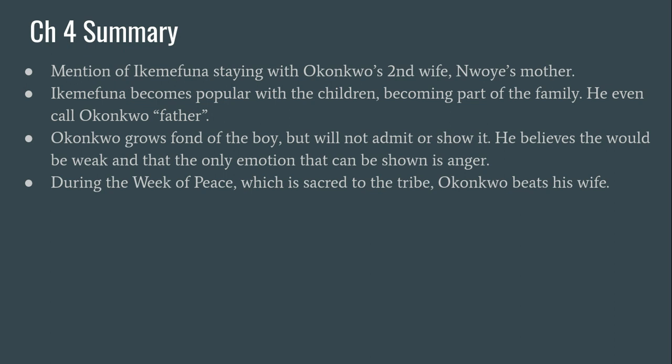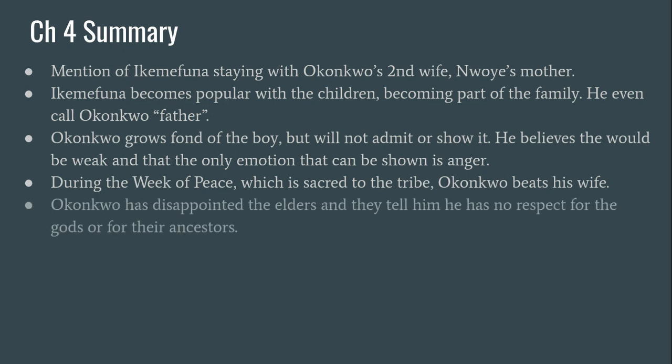Okonkwo's wife does something that angers him, and he ends up beating her during this time. Again, he doesn't want to change, to say, okay, I'll let it go, I have to, because it's the week of peace. I have to be able to bend and think of what's best for everybody else. It's that manliness that gets in his way. That is, again, one of his flaws as a tragic hero.